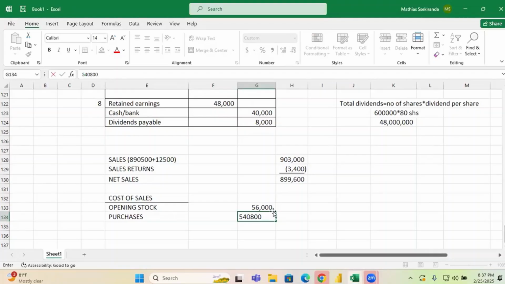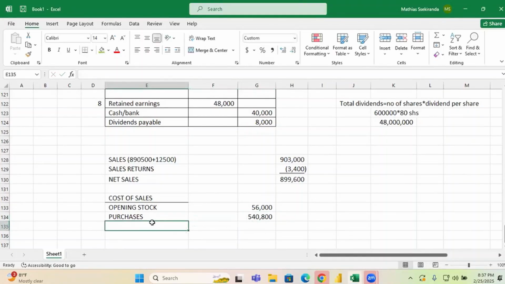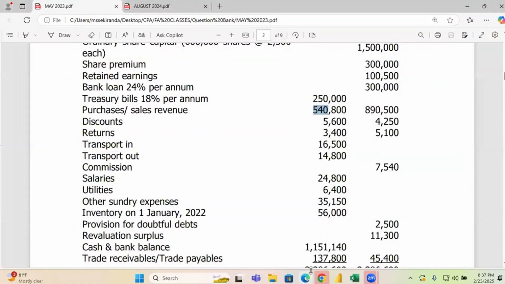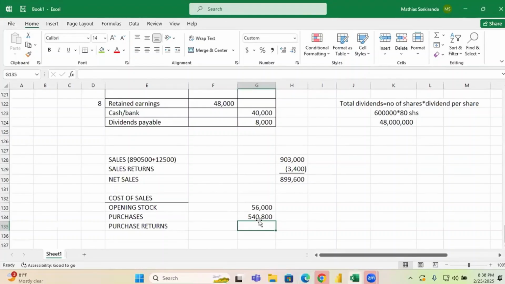Remember we have purchase returns. They were given on the same line. Purchase returns are always credits. So purchase returns are 5,100. This number is in the same format like we did, almost the same details.